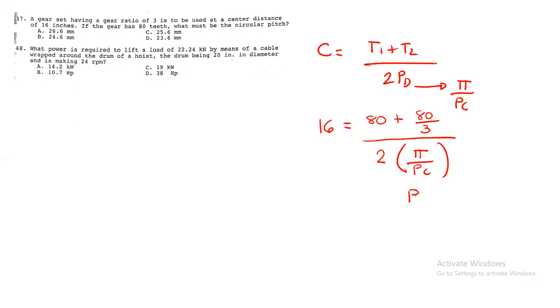Shift solve, we get a circular pitch of 0.94 inches. So, let's convert by multiplying by 25.4 mm per 1 inch. The inches cancel, equals 23.9 mm.